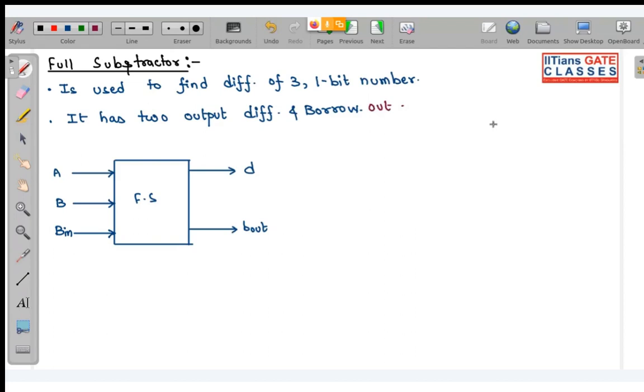So now let us draw the truth table for this also. Okay, so what I want you guys to do, quickly tell me what will be the difference over here and what will be the borrow out, output borrow.